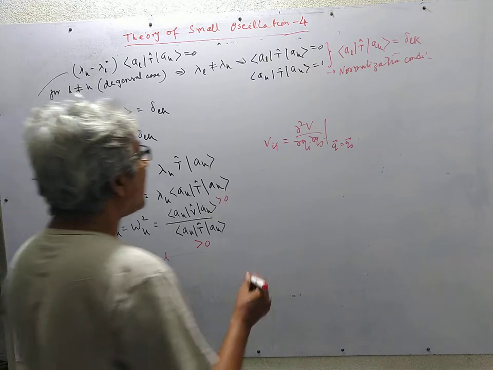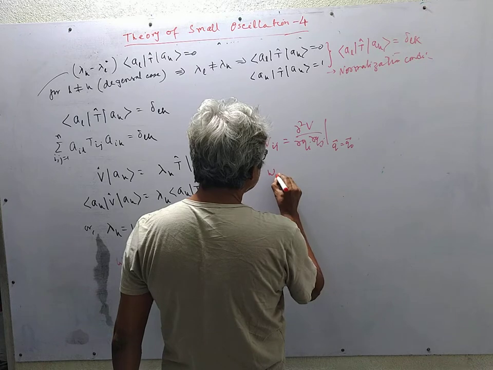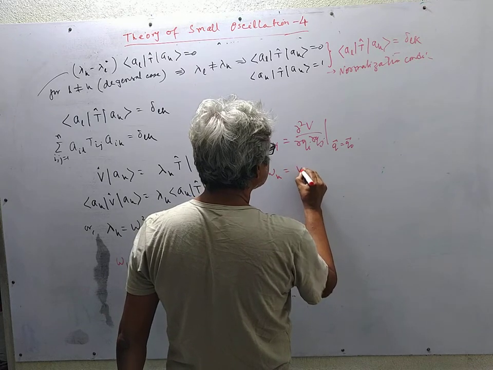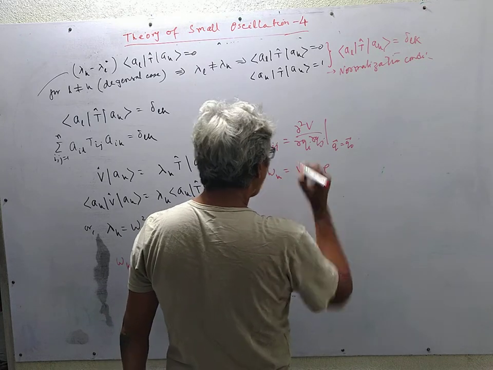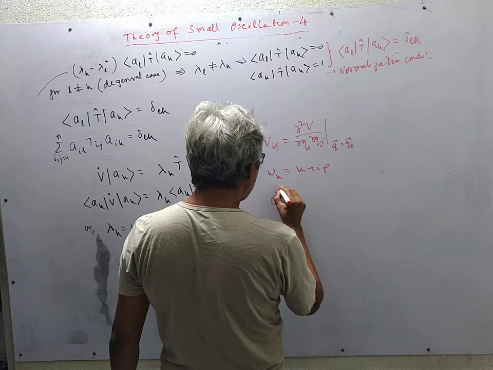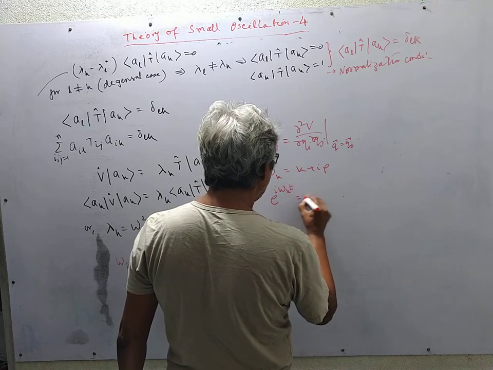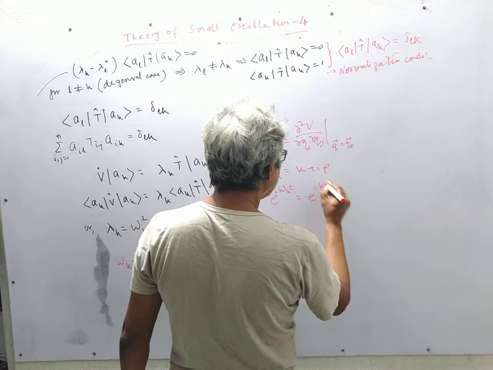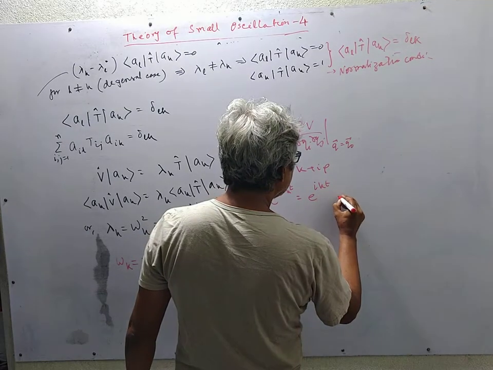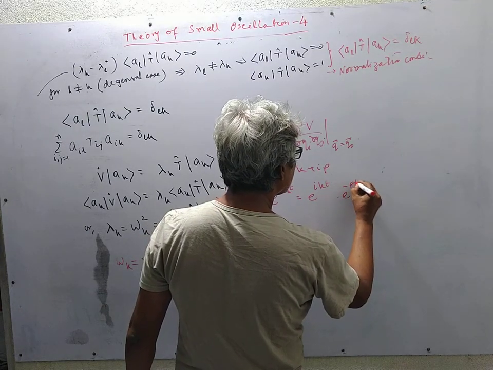Because if omega_k is complex, say omega_k can be written as k plus i rho, then the solution e to the power i omega_k t would be e to the power i k t times e to the power minus rho t.